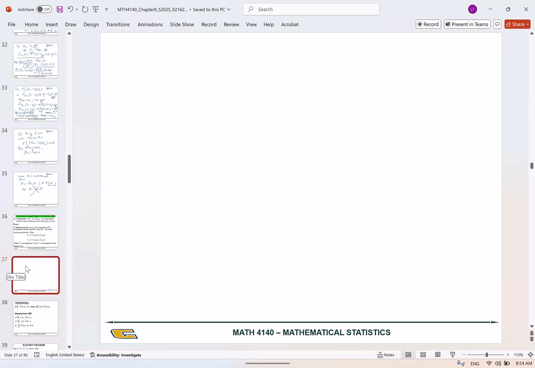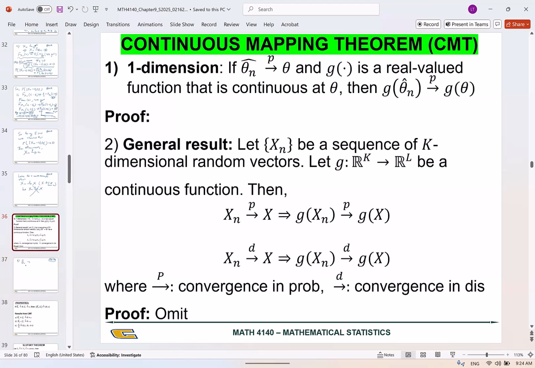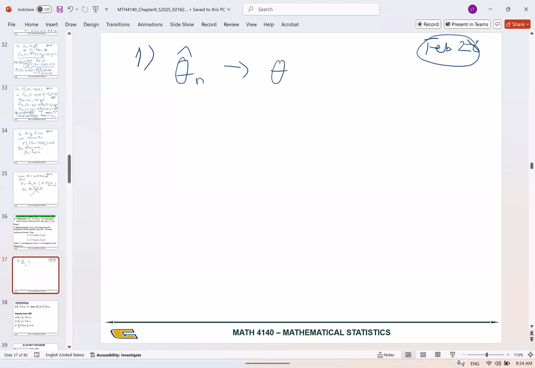So I just look at the one-dimension case. This tells us that if theta n hat converges in probability to the truth, theta, which is the unknown truth, then g of theta n hat converges to g of theta in probability.